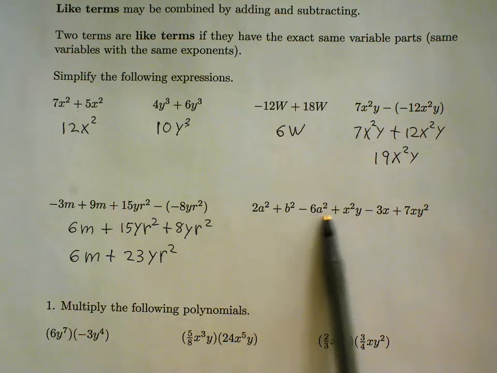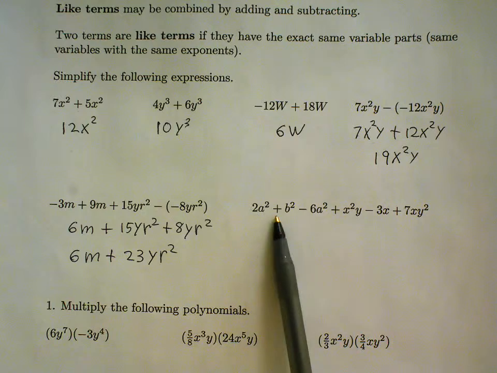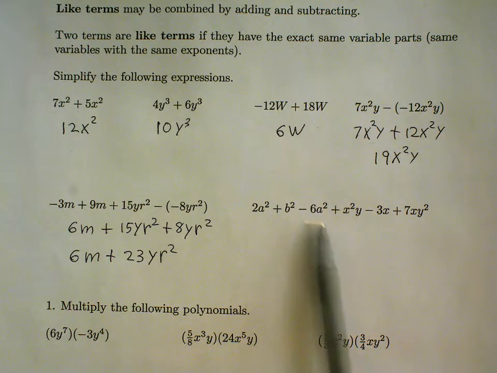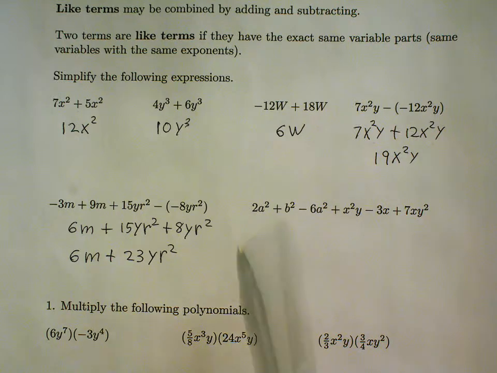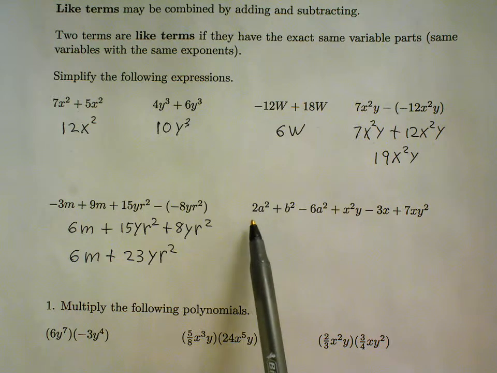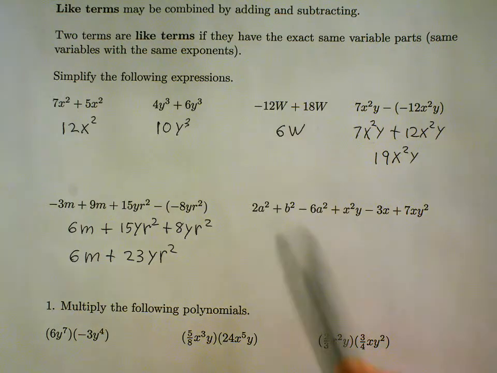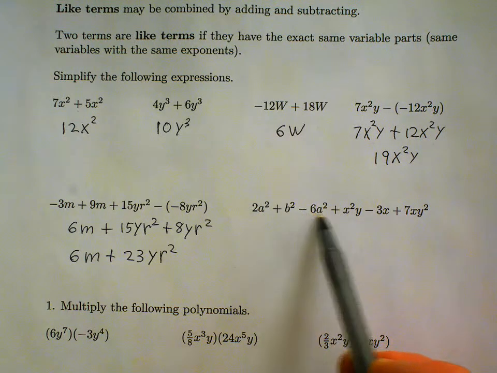Altogether, there are 6 terms that are either added or subtracted. But there's only one pair of like terms, the 2a to the second minus 6a to the second.